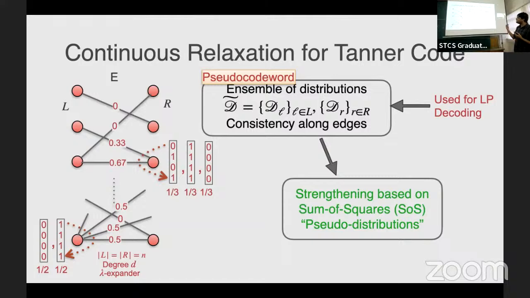Remember that if I had a true distribution over code words, it would imply these local ensembles. But not every local ensemble will correspond to a true distribution. You can always infer an ensemble of distributions from a true distribution; in particular, they are just the marginal distributions of a true distribution.